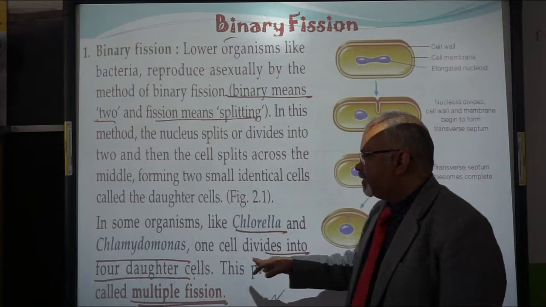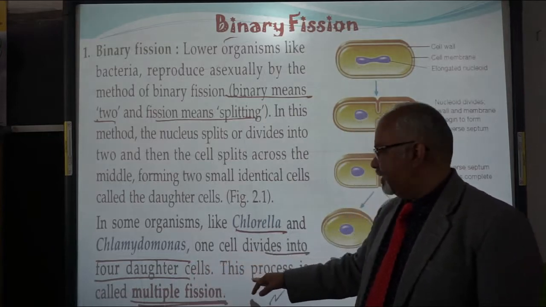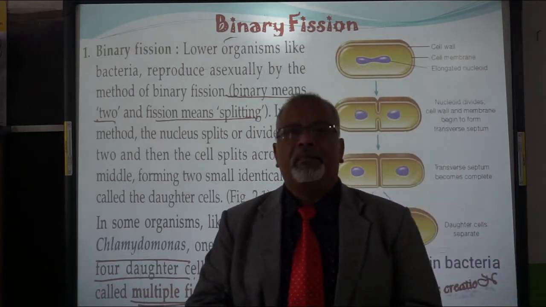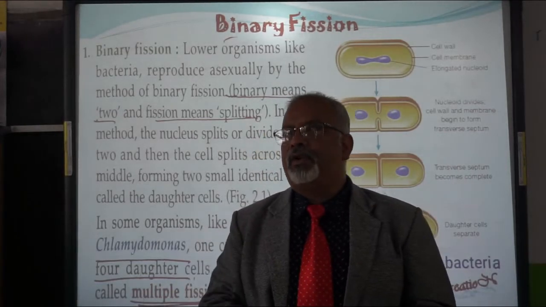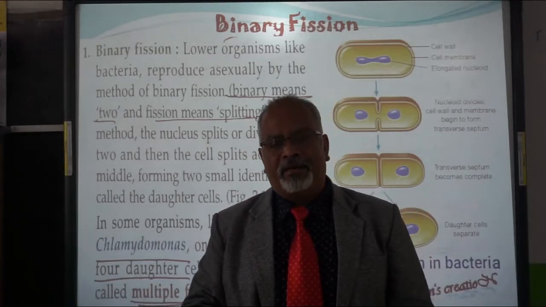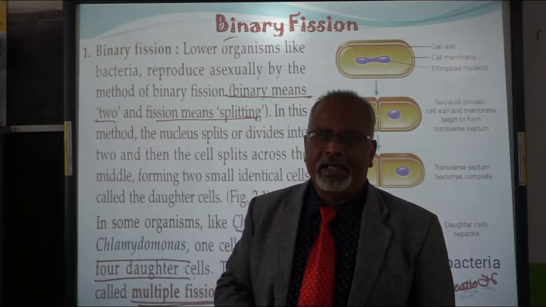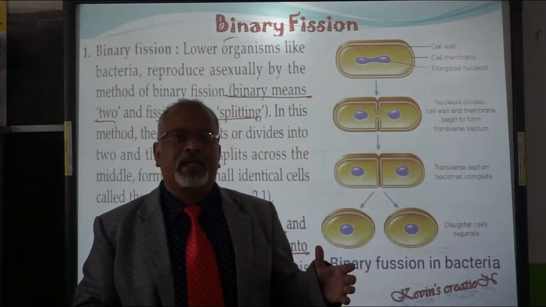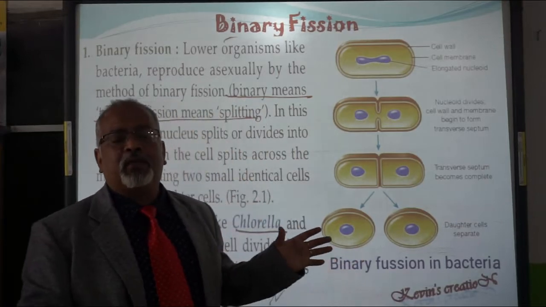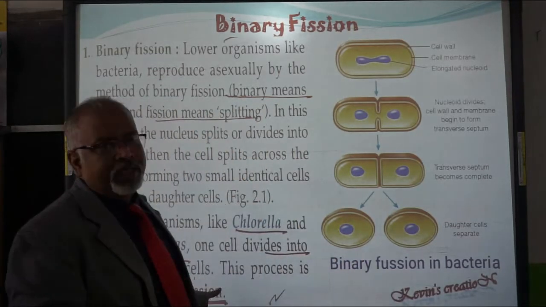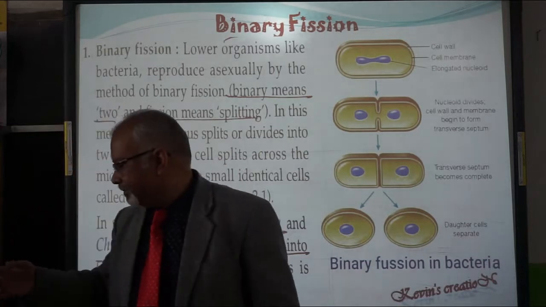One cell divides into four daughter cells, and this is called multiple fission. So when it is more than two, we call it multiple fission. Otherwise it is binary fission, the organism dividing into two. Once it divides into more than two, we call it multiple fission. Remember this.